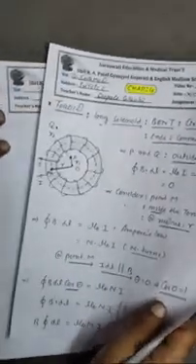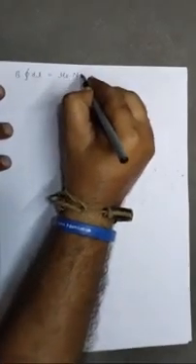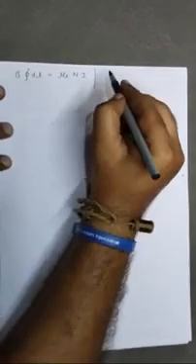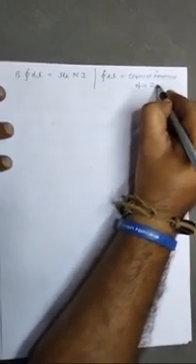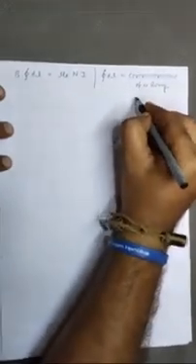Let us see. Once again we are writing the same equation. That is, B closed integration of dl is equal to mu 0 capital N I. Here closed integration of dl is nothing but the circumference of a ring, and it is given by 2 pi small r.